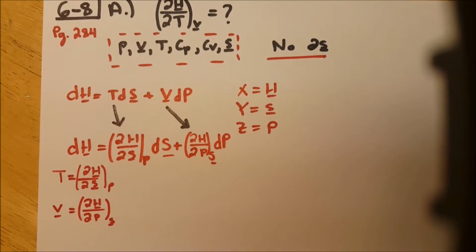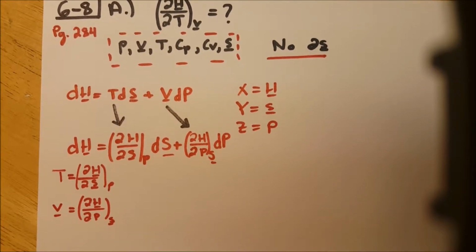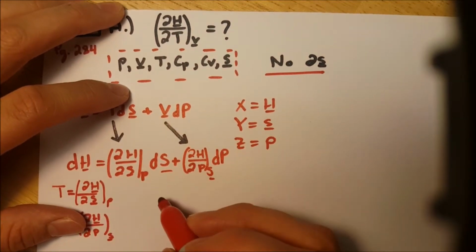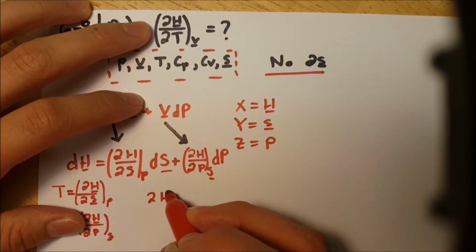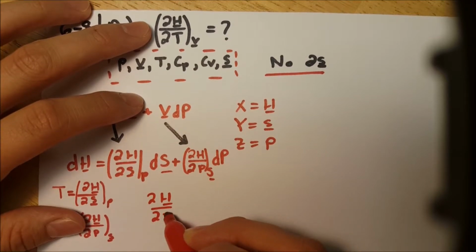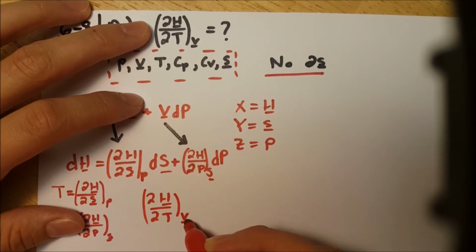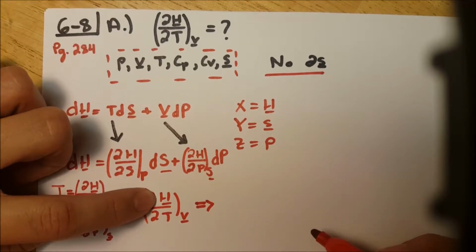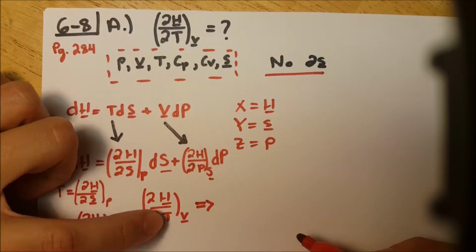But what's x, y, z, k, and l? Well, let's look at the original problem. (∂H/∂T) with V constant. This is our x, this is our y, this is our z.